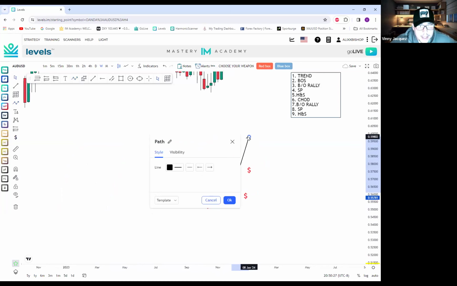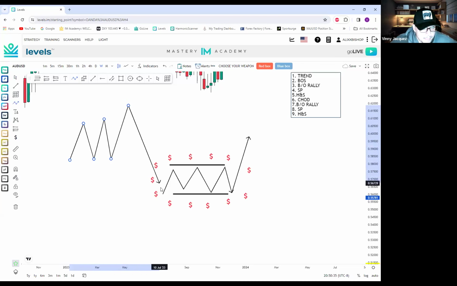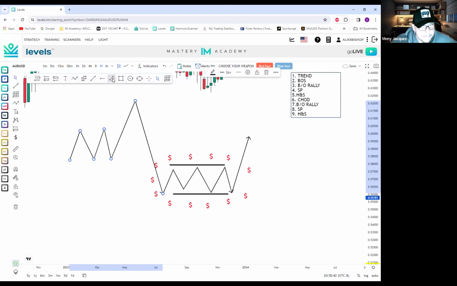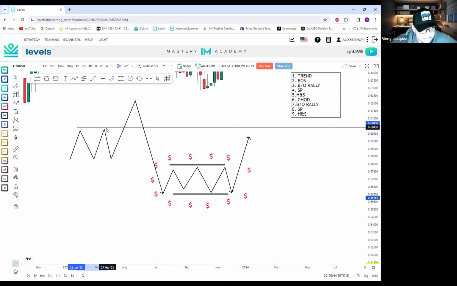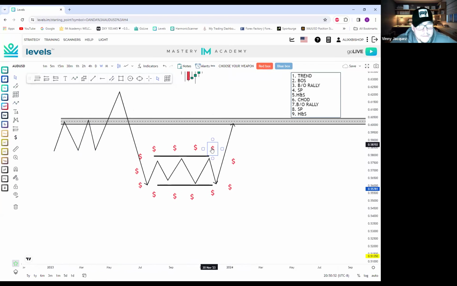Why did it sweep that liquidity? Boom. To go to the fresh money. They're letting you guys build up money just so they could take it off the playing field.